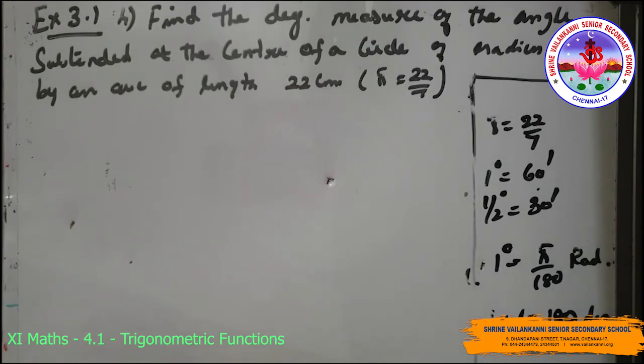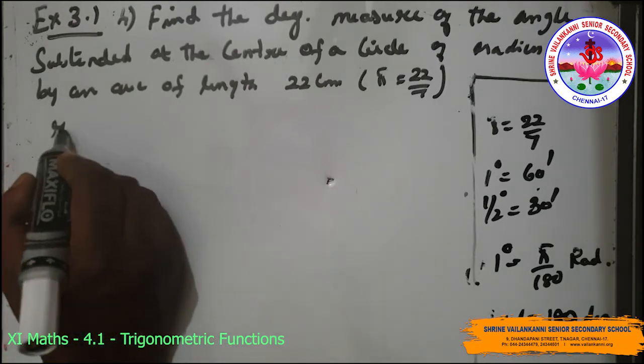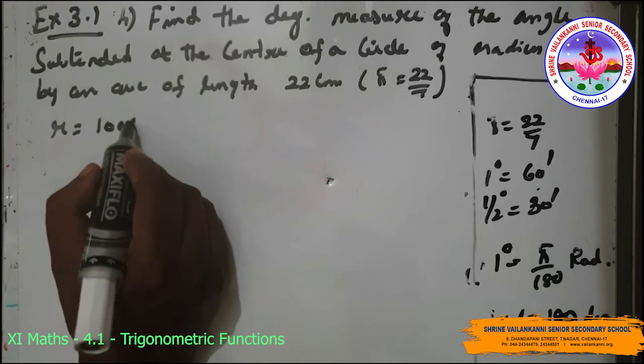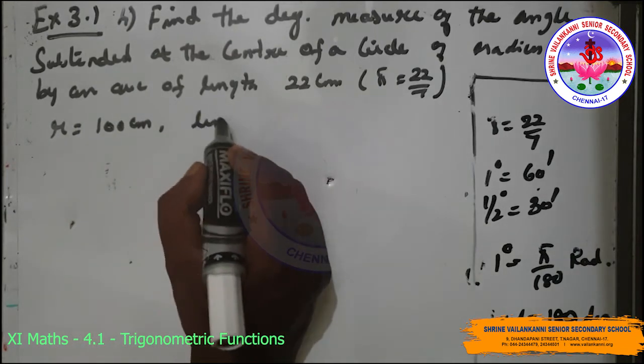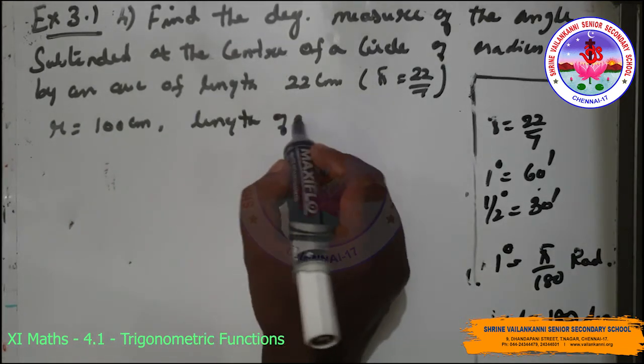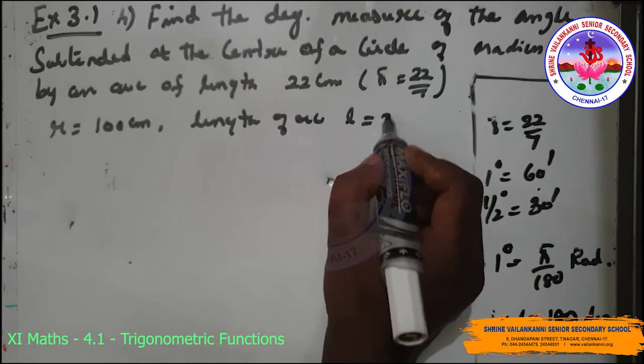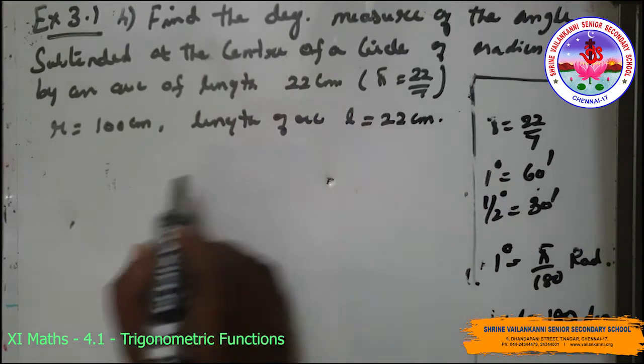Fourth one, find the degree measure of the angle subtended at the center of a circle of radius 100 centimeter by an arc of length 22 centimeter. Here radius r equal to 100 centimeter and length of arc, that is l equal to 22 centimeter.